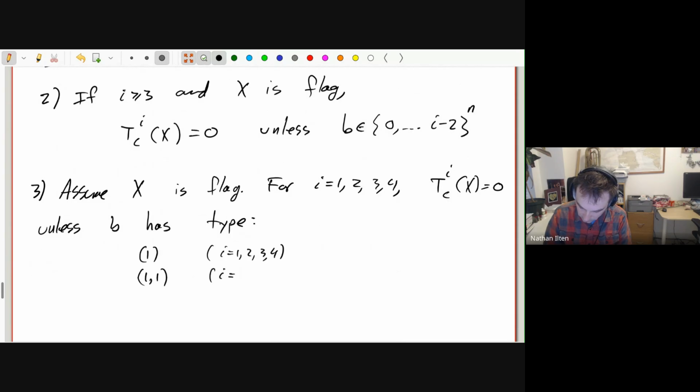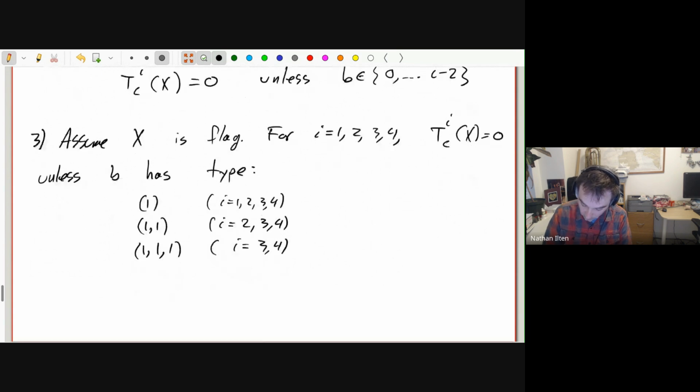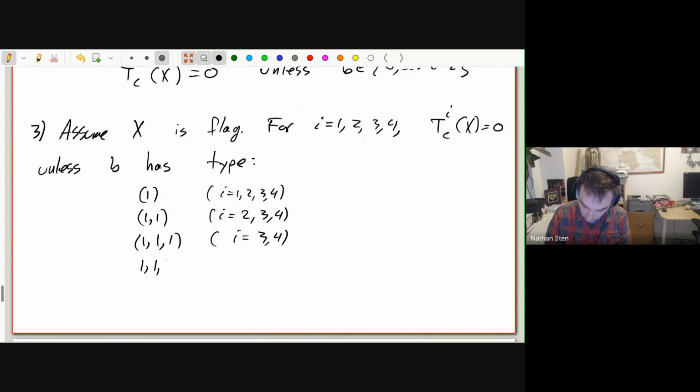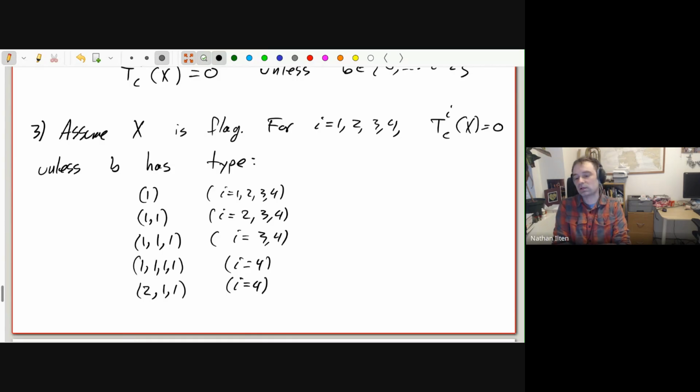This is when i is equal to 2, 3, or 4. It could have type 1, 1, 1. This is when i is equal to 3 or 4. Or it could have type 1, 1, 1, 1, or 2, 1, 1. This is when i is equal to 4. So if we're interested in describing cotangent cohomology in cohomological degree 3 or 4 for flag complexes, these are the only types of negative parts of the degrees that we have to consider.